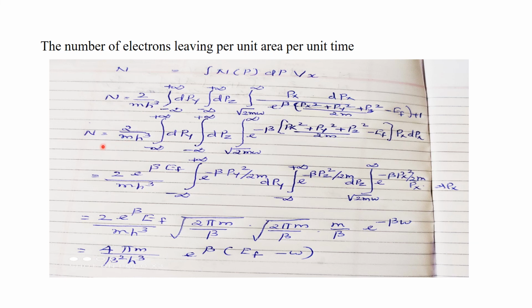So N is equal to 2 by h cube integral from minus infinity to plus infinity dpy, integral from minus infinity to plus infinity dpz, integral from square root of 2mW to infinity e raised to minus beta into (px square plus py square plus pz square divided by 2m minus Ef) px dpx.